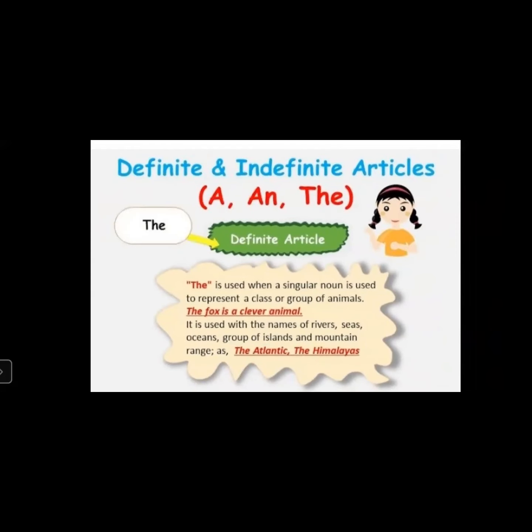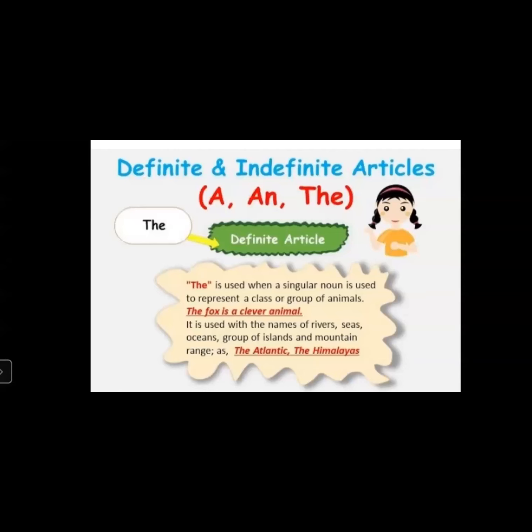The is used when a singular noun is used to represent a class or group of animals, or it is used when the names of rivers, seas, oceans, groups of islands, and mountain ranges are there.